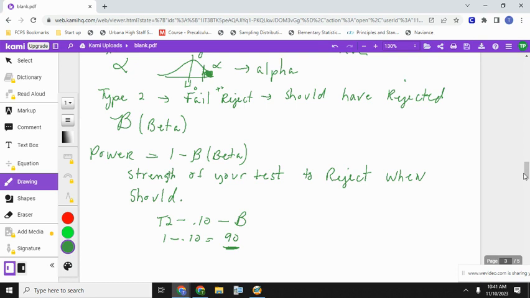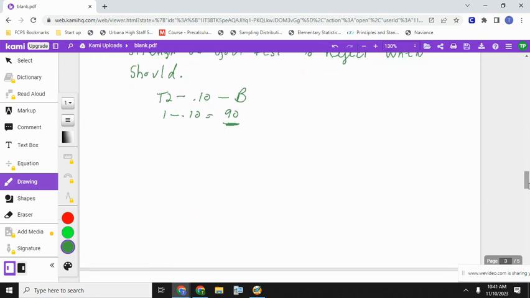Right, and then last thing is the link between confidence intervals and hypothesis tests. Okay, so there is a link between confidence intervals and two-tailed. It has to be a two-tailed test.